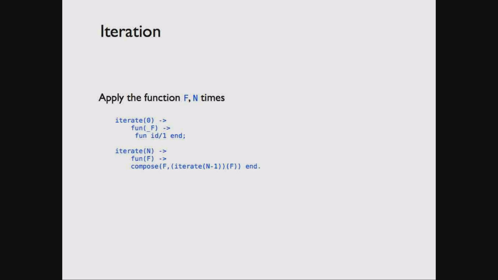Otherwise, we want to apply f n times. One thing we can do is use ordinary recursion over numbers and iterate f n minus 1 times and then apply f one more time.